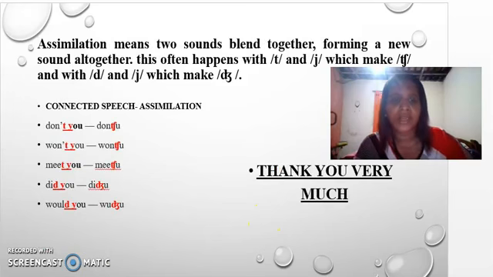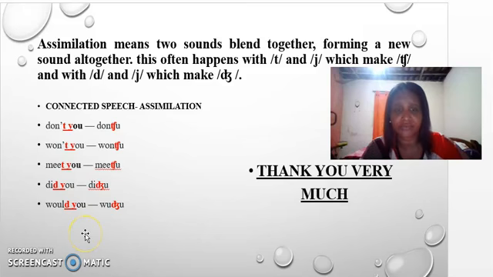Okay guys, let's talk about the last rule, assimilation. Connected speech assimilation: what is the definition? Assimilation means two sounds blend together, forming a new sound altogether.